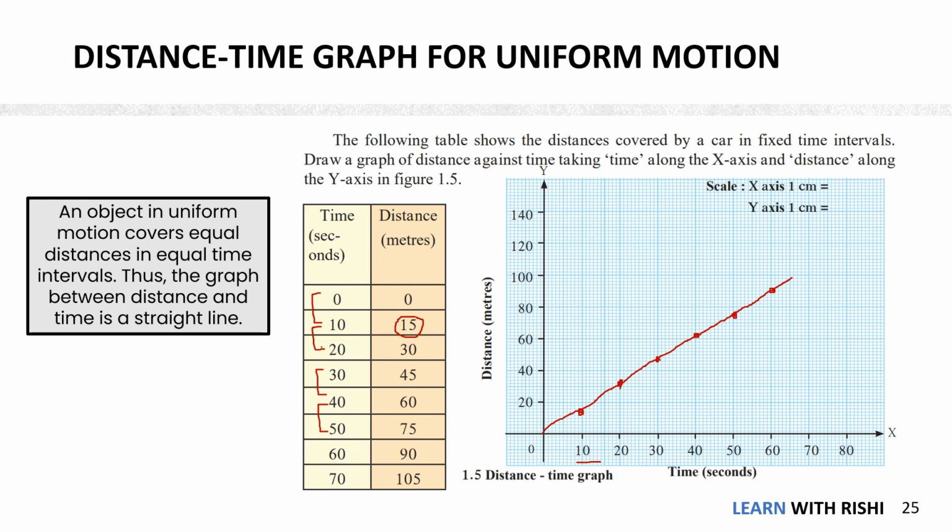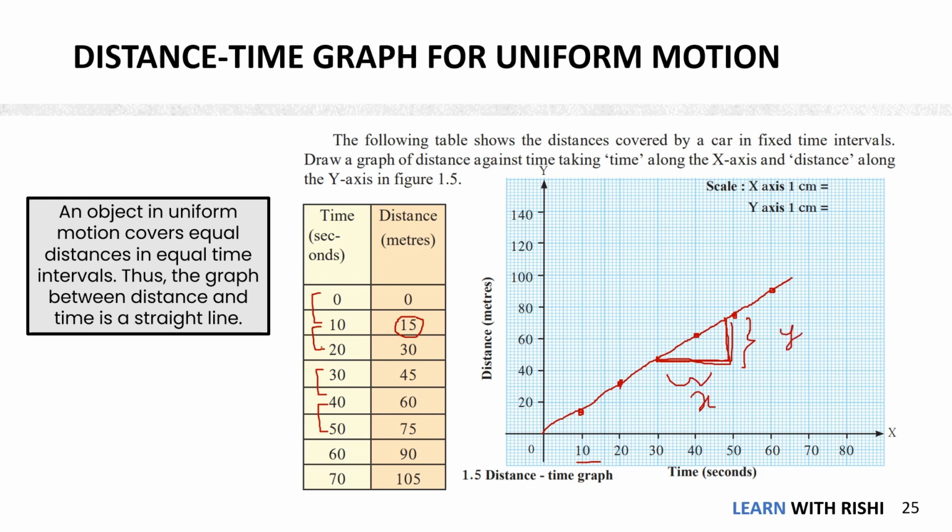Now one interesting thing I want to tell you is what you get if you find the slope of this graph. Slope means change in y coordinate upon change in x coordinate. For example, I have constructed one triangle here. This is our y coordinate and this is x coordinate.